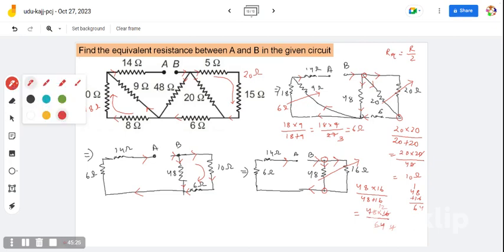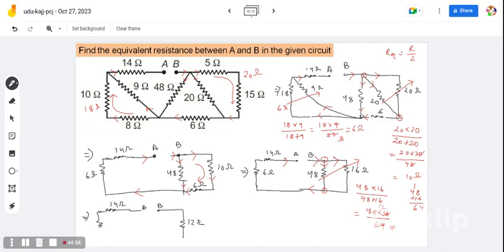So what will be the resultant diagram? It will get further reduced. So this is A, this is B. Now we have reduced it to a single resistance. So what will be the equivalent resistance? It was 12 ohms. So we get here a 12 ohm resistance, and here it was already a 14 ohm resistance, and here we have a 6 ohm resistance.